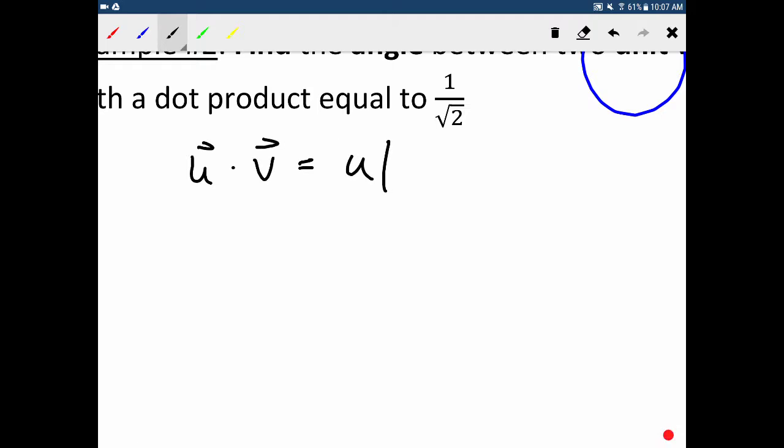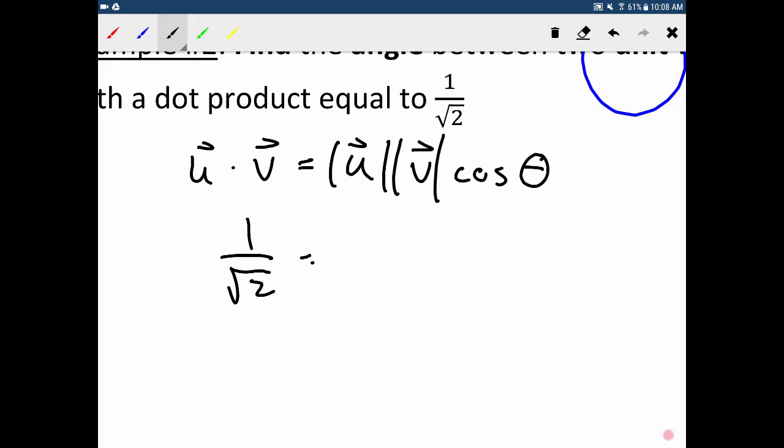So we've got u dot v equals the magnitude of u times the magnitude of v times cos theta. Okay, so we'll write down what we know. The dot product itself is 1 over root 2, which is equal to 1 times 1 times cos theta. And we're looking for theta, of course. So these, obviously, we can just ignore.